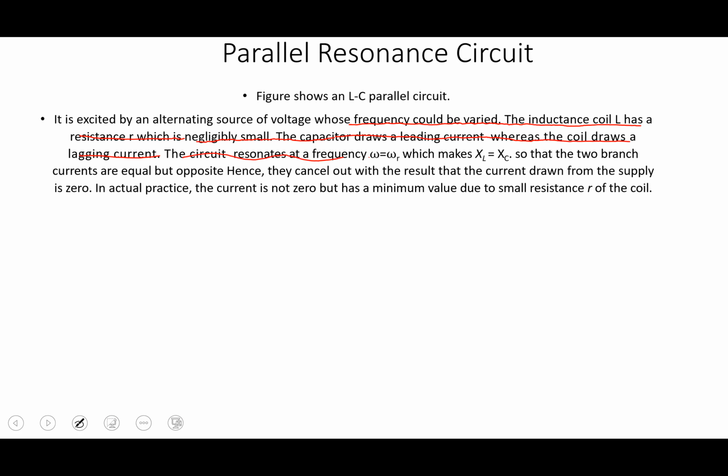The circuit resonates at the resonant frequency, which makes XL equal to XC. So the two branch currents are equal but opposite, hence they cancel out. With the result, the current drawn from the supply is 0. In actual practice, the current is not 0 but a minimum value due to the resistance of the coil.